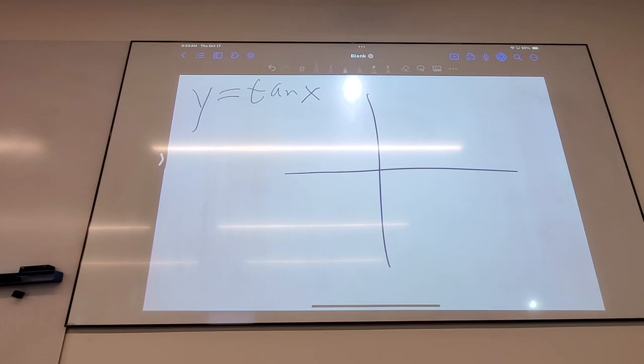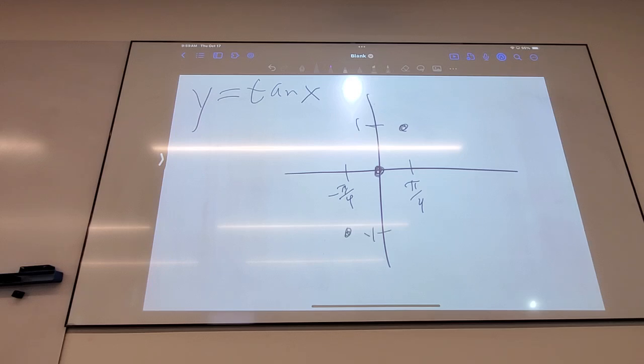Zero, because tangent is sine over cosine, and sine of 0 is 0. What's tangent of pi over 4? 1. What's tangent of negative pi over 4? Negative 1, because that's in quadrant 4. They have different signs. Tangent's the ratio of the two, so it's going to come out negative.